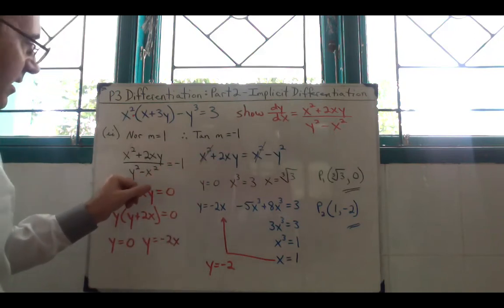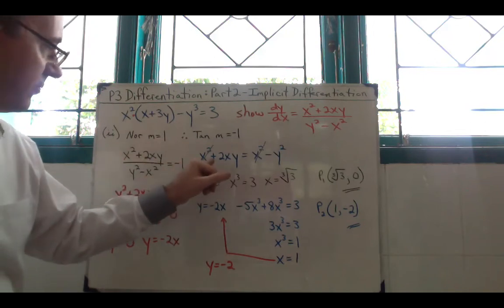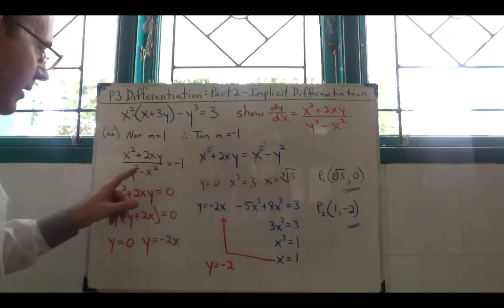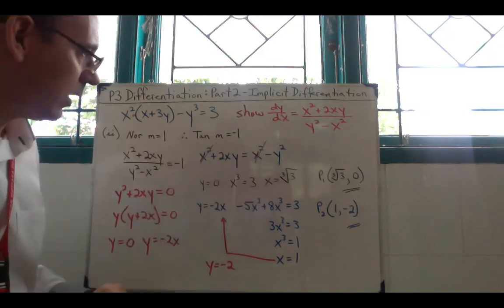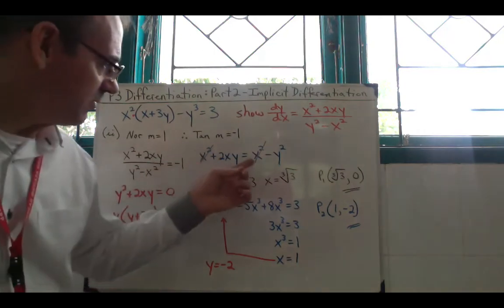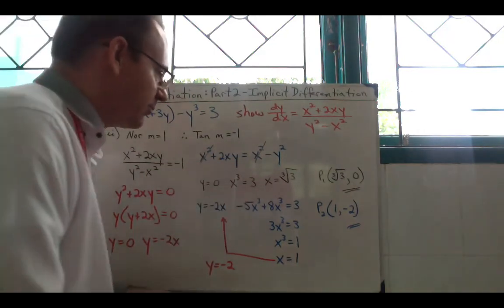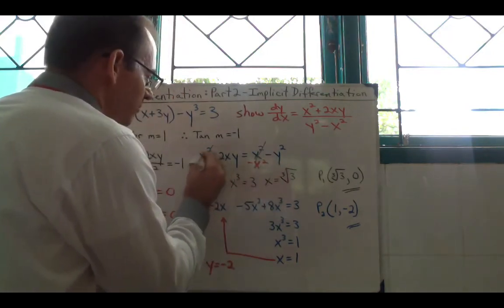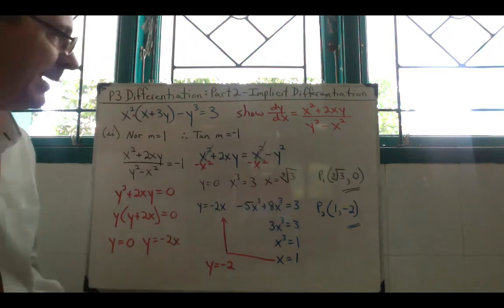And that gives us x squared plus 2xy equals, multiply this -1 here times these. So that's a positive x squared and a negative y squared. And then when we subtract x squared from both sides, that cancels out on both sides.